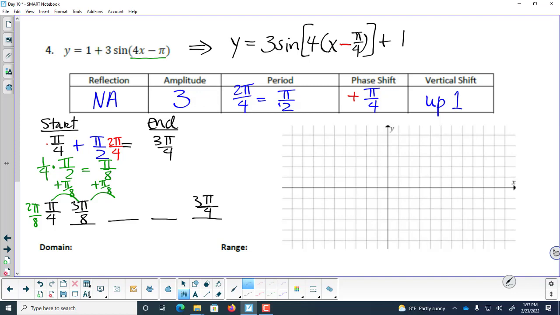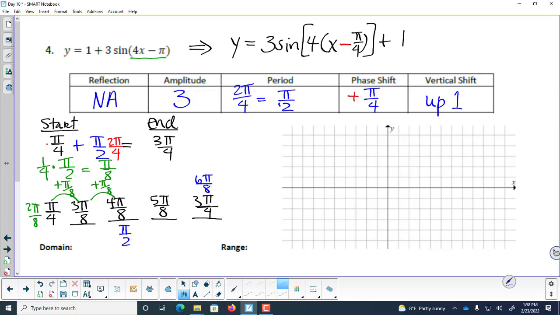Plus 1 pi over 8 is 4 pi over 8. Plus 1 pi over 8 is 5 pi over 8. Plus 1 pi over 8 is 6 pi over 8, which reduces to 3 pi over 4. There's your checking process. Then, of course, I would simplify this to pi over 2 when I write it on my graph. Okay.